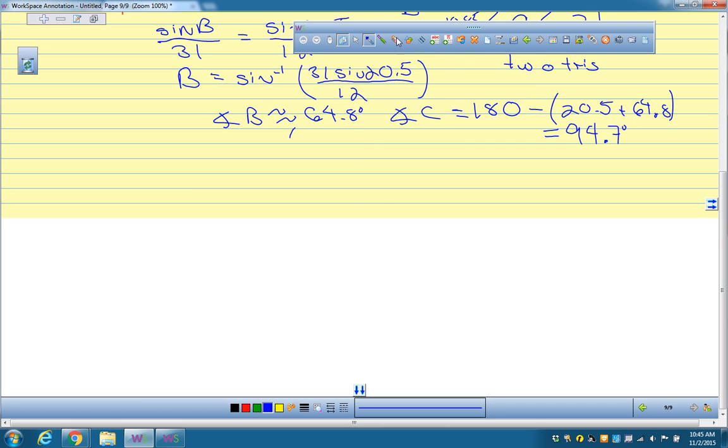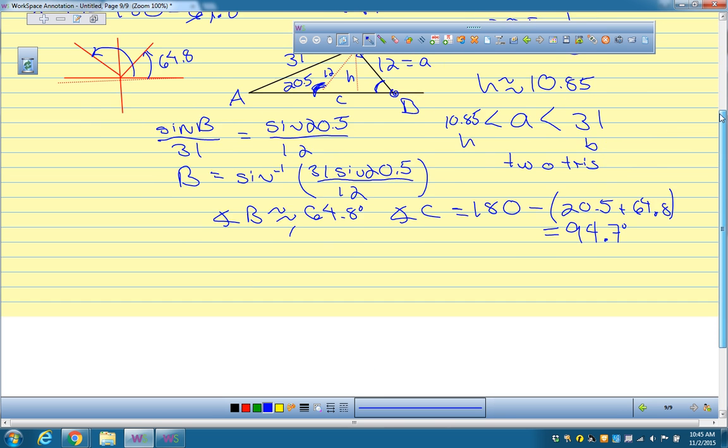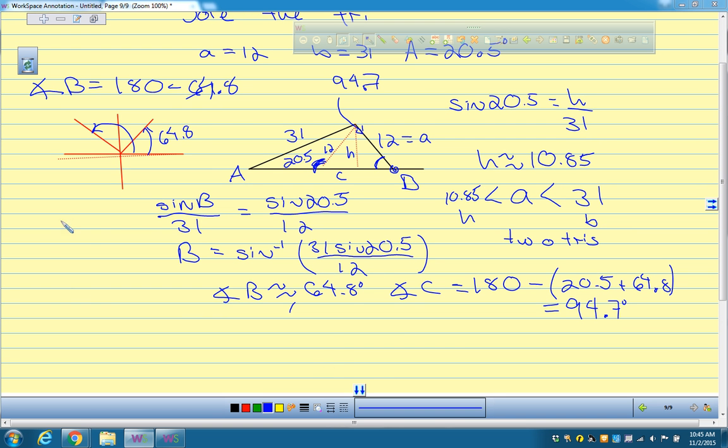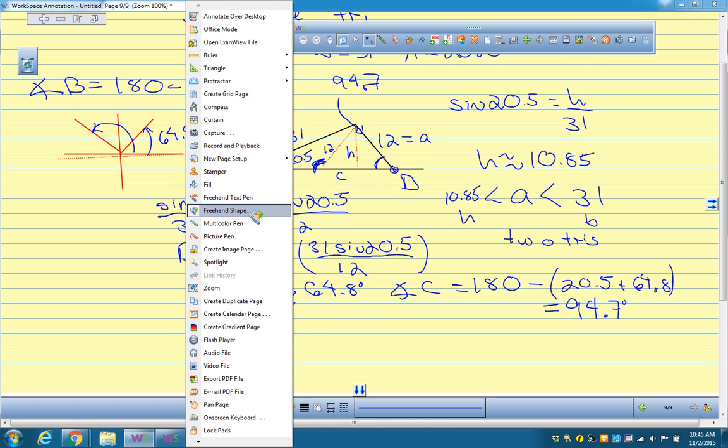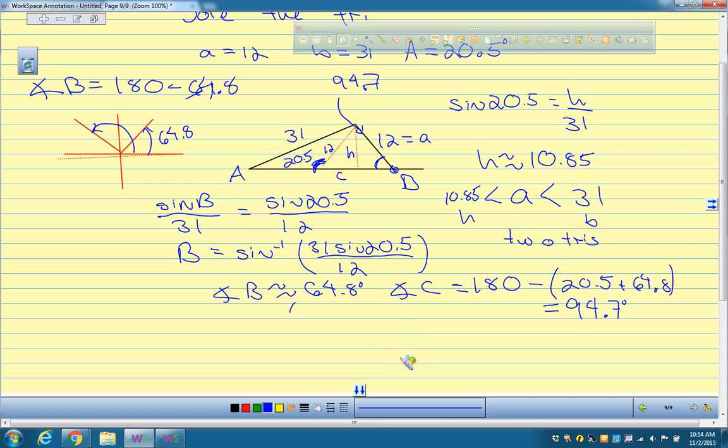So let's just get a new page. Do you want me to show you that? So let's see if I could draw it in right here so you guys could see it. The other possibility is that this triangle in miniature could look kind of like this, okay?